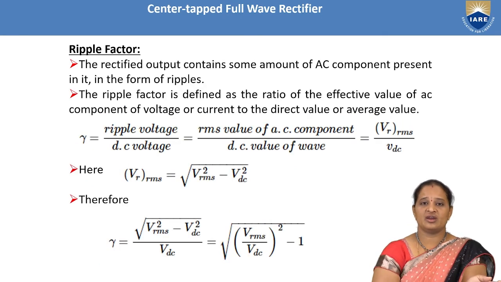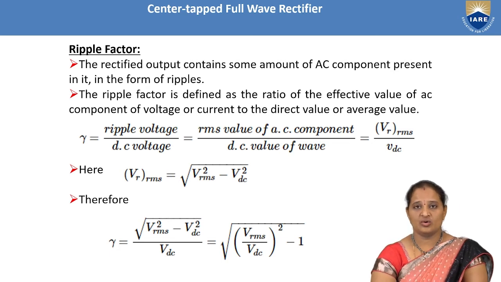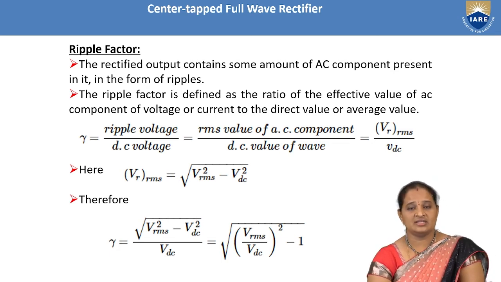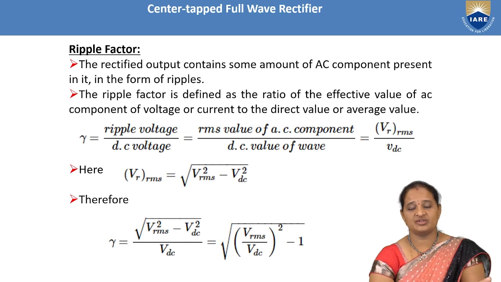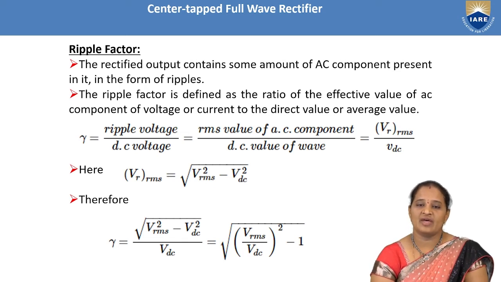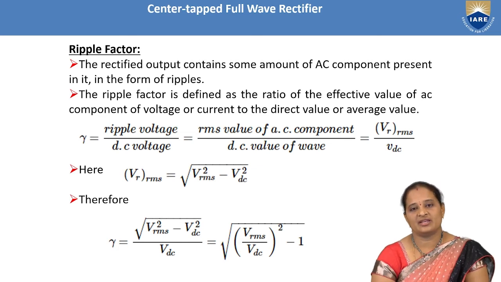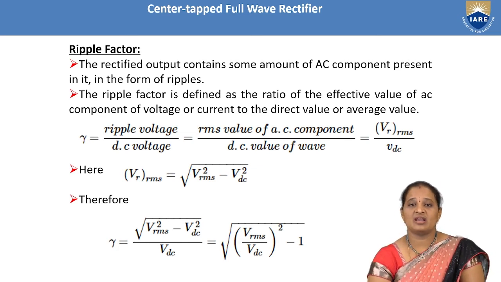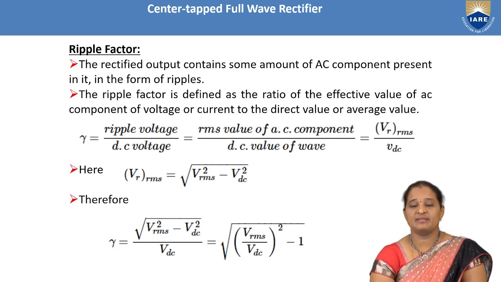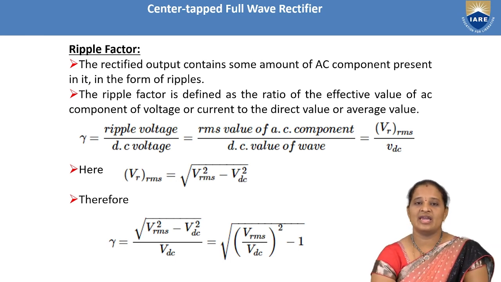Now similarly, we are going to calculate the ripple factor. As we all know, ripple factor is a factor which is used to find the amount of ripples present in the DC output of the rectifier. Ripples are nothing but unwanted signals, that is, the AC components in the rectifier output.